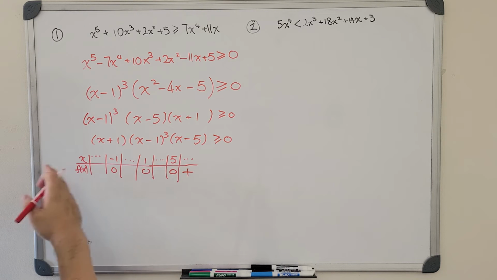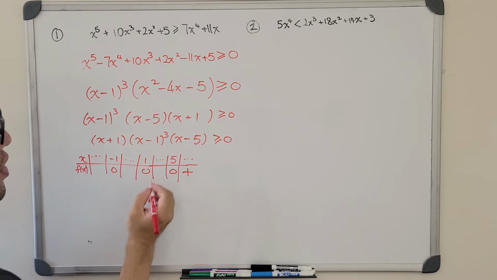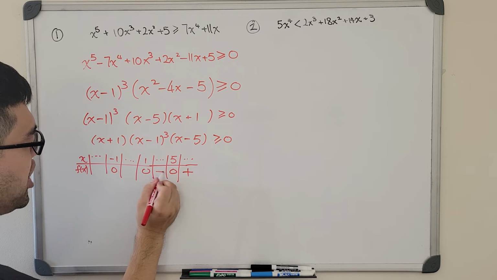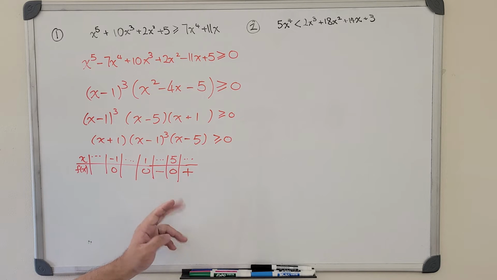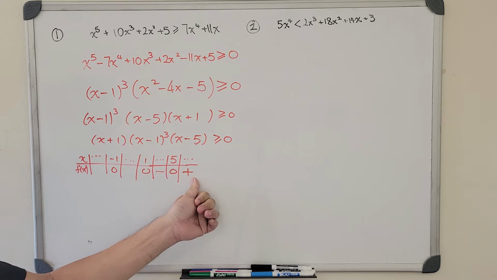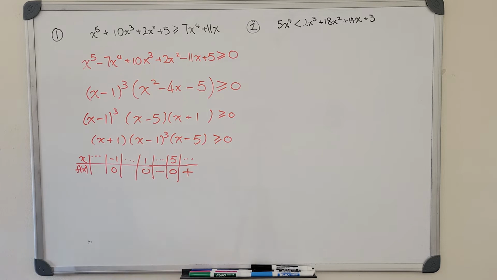Then now we just need to check. Since the root 5 has degree 1, we know that there's a sign change when we pass through the point. Meaning that if we end up with positive, then before passing the point, the sign is negative, or the y value will be negative.